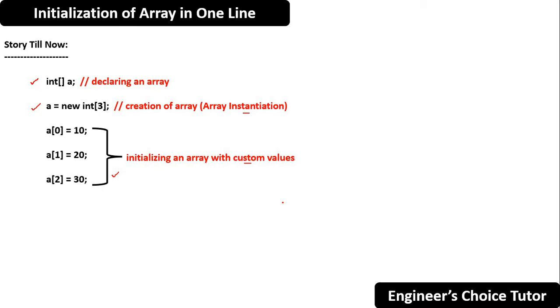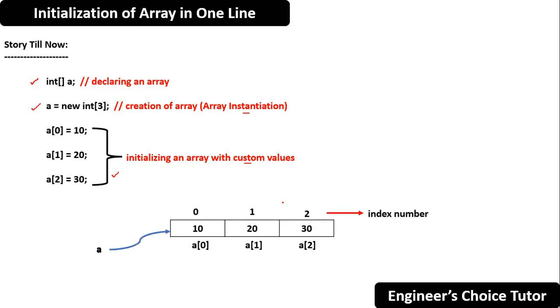And after that, what will happen? An array will be created, and this is the array object. And this a is pointing to this array object. And as you have set up the value, a of 0 is equal to 10, it means at the 0th index the value is 10.